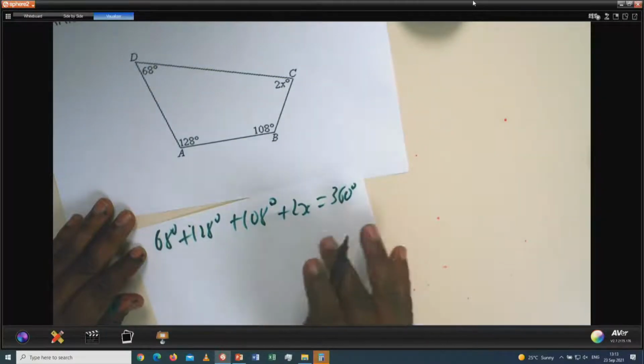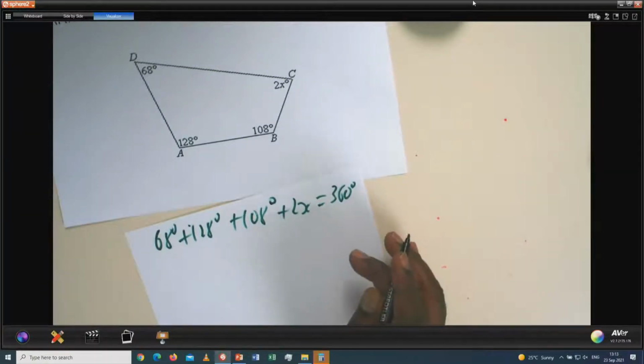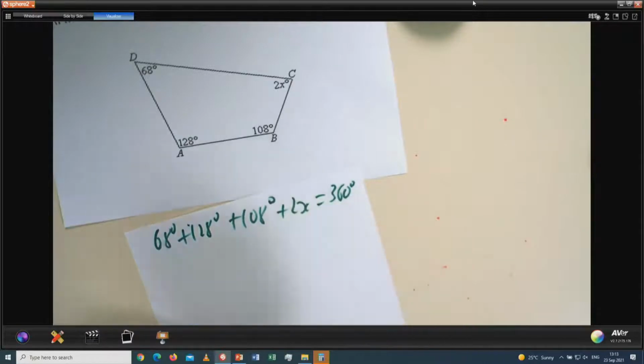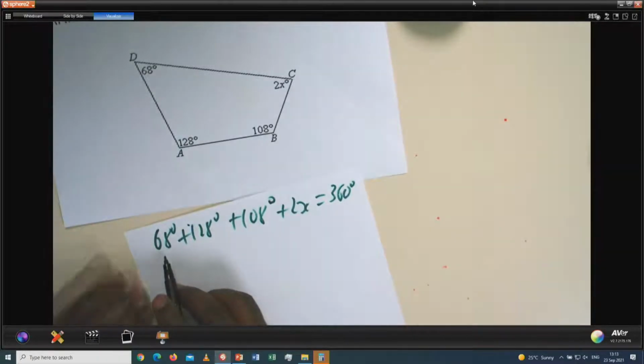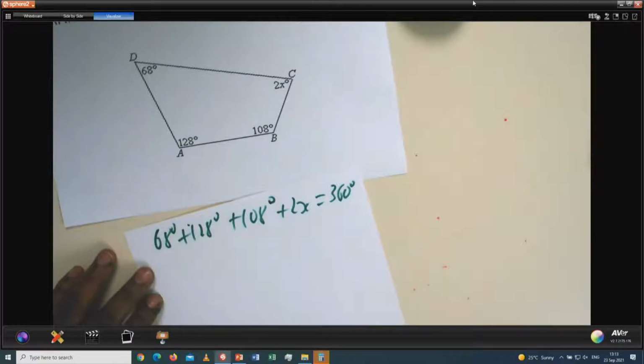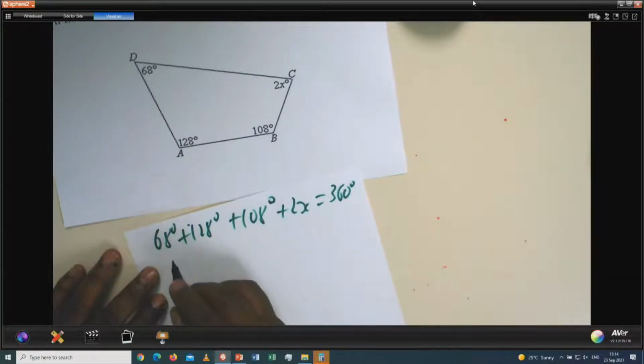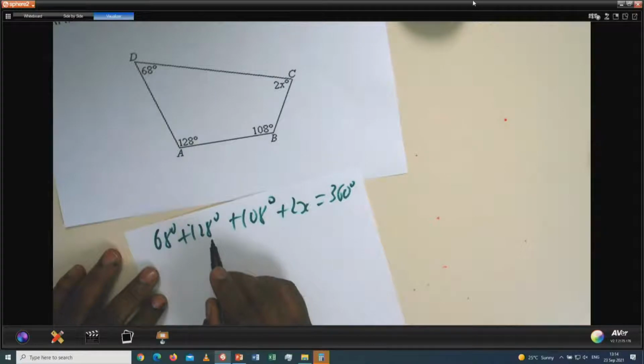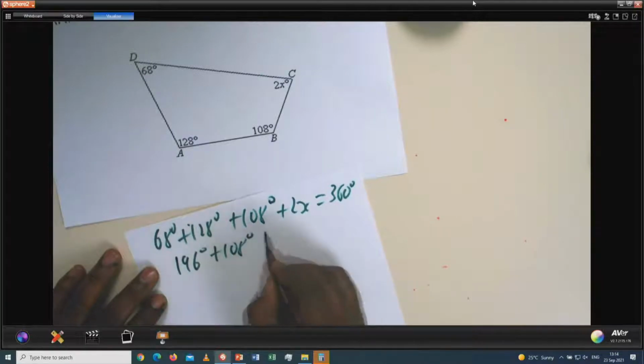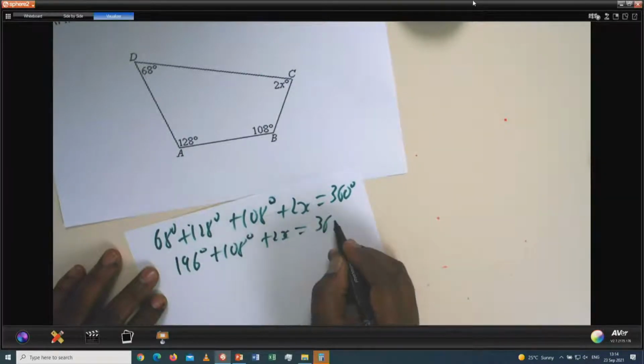We all know the sum of angles of a quadrilateral should give you 360. Therefore, 68 plus 128, that's 196 degrees, plus 108 degrees plus 2x equals 360.